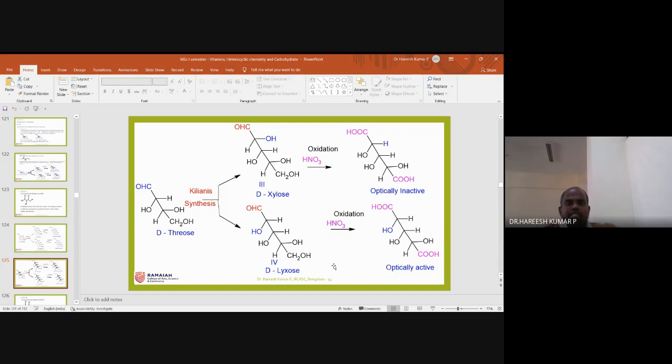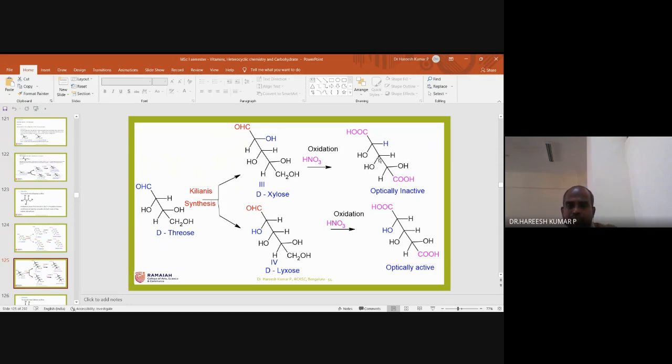But suppose a molecule has a plane of symmetry. Plane of symmetry means an imaginary line. If it passes through a molecule and there is formation of two equal parts, say for example, an imaginary line is passing through this carbon, then what will happen? It bisects the molecule into two equal halves.